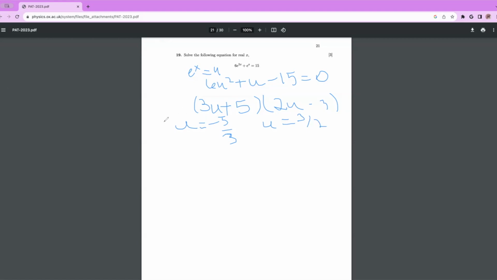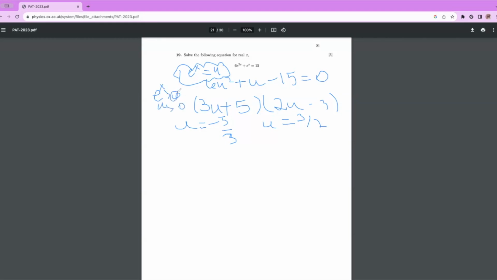Now, we can already throw the negative solution away because e to the x is equal to u, and e to the x is always greater than 0. So e to the x is positive, therefore u is also always positive.